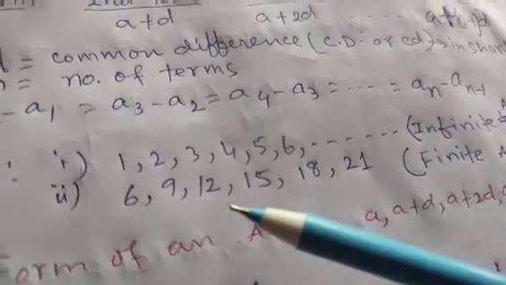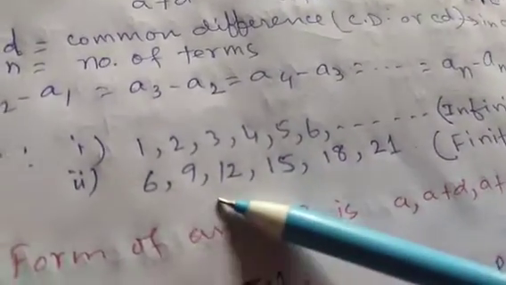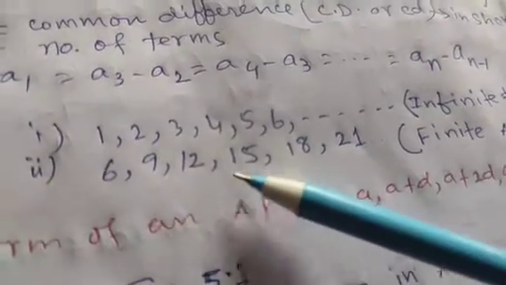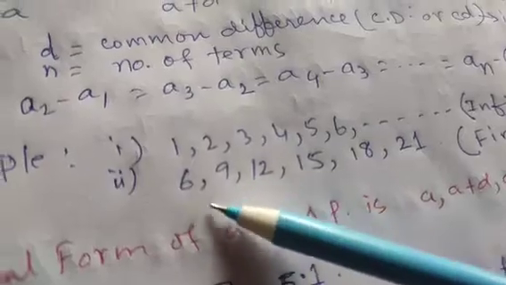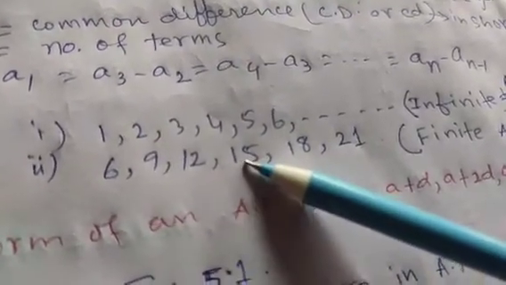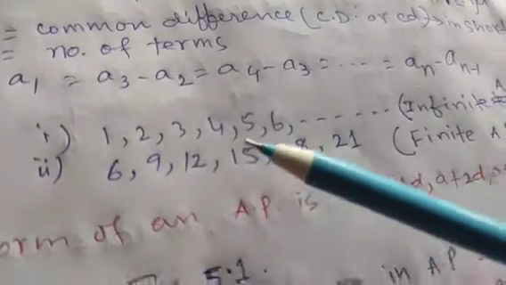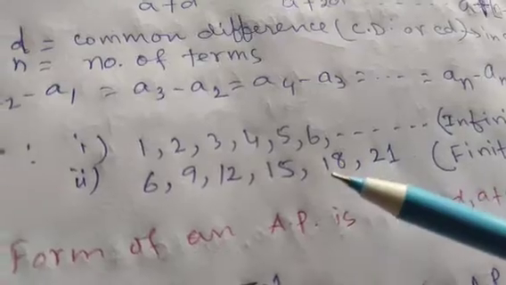Just see one more AP, 6, 9, 12, 15, 18, 21. The difference between each term: 9 minus 6 equal to 3, 12 minus 9 equal to 3, 15 minus 12 equal to 3, 18 minus 15 equal to 3, 21 minus 18 equal to 3.